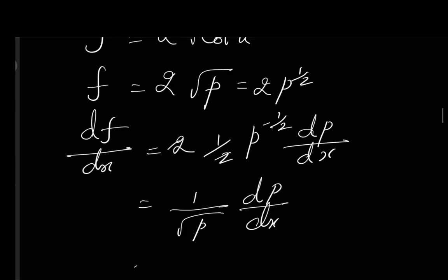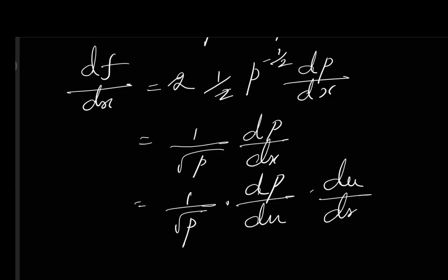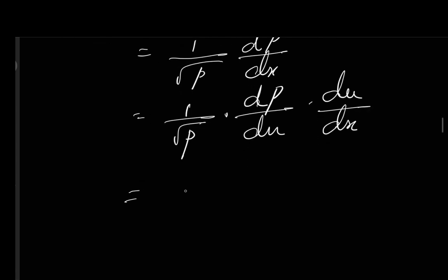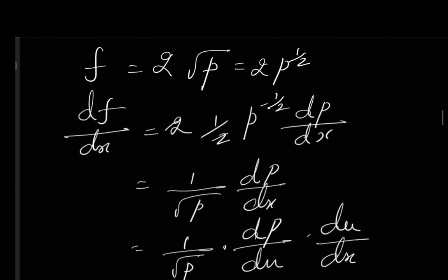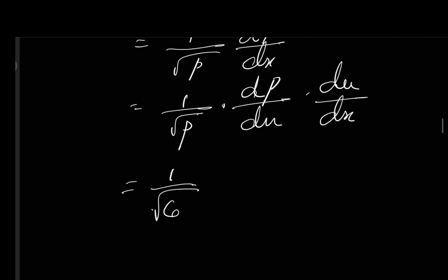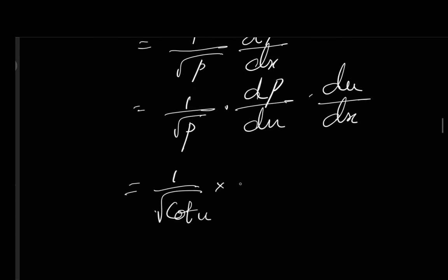So I apply here. So 1 by root p. So first I differentiate p with respect to u, then u with respect to x. So 1 by root of, what is p? P we have taken as cot u. dp by du we just got minus cosecant squared u.